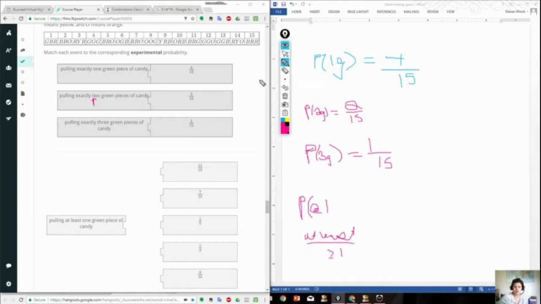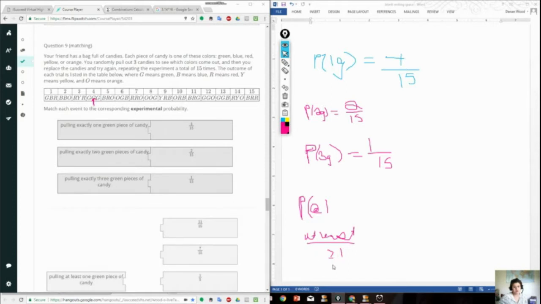So I'm going to go through and count. I would include that in your notes as well. At least means anything bigger than that number, including that number, and at most means anything less than that number, including that number. So let's go back through and count where 1, 2, or 3 greens happen.